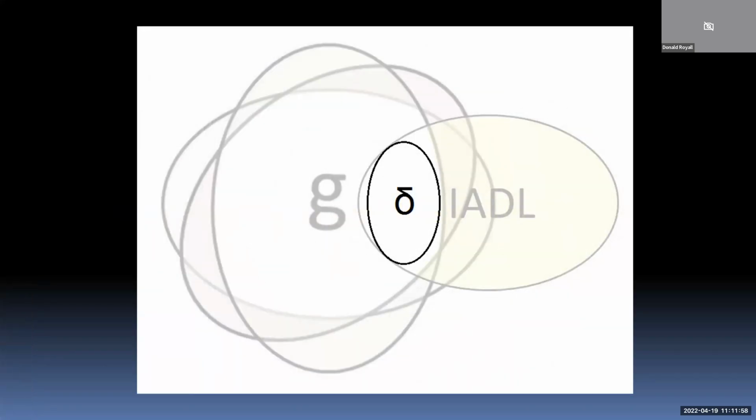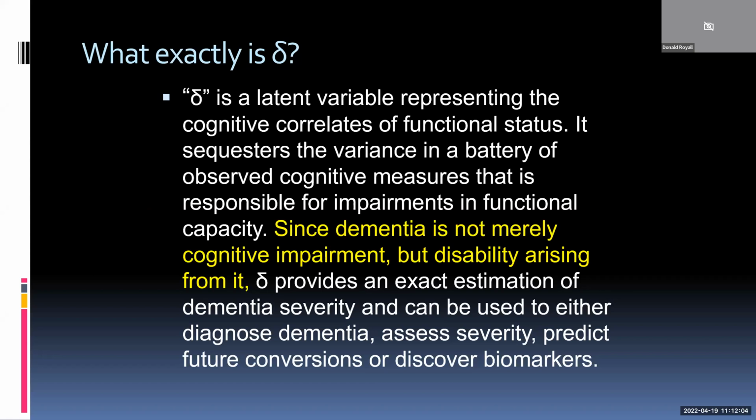Delta is an empirical method of extracting from a battery the cognitive correlates of functional status. So this is a latent variable representing what it means, the cognitive correlates of functional status. It effectively sequesters the variance in a battery of observed measures that is in fact responsible for impairments in functional capacity.